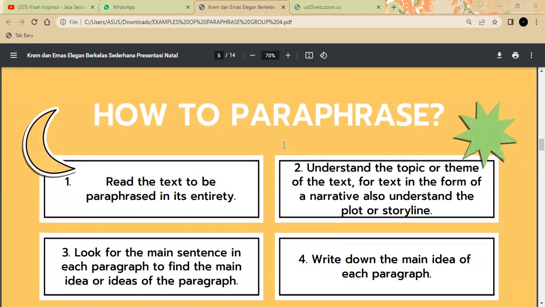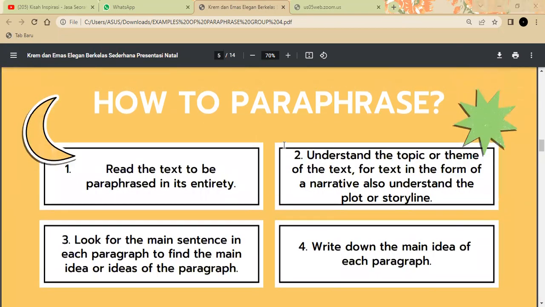How to paraphrase? 1. Read the text to be paraphrased in its entirety. 2. Understand the topic or theme of the text. For text in the form of a narrative, also understand the plot or storyline.